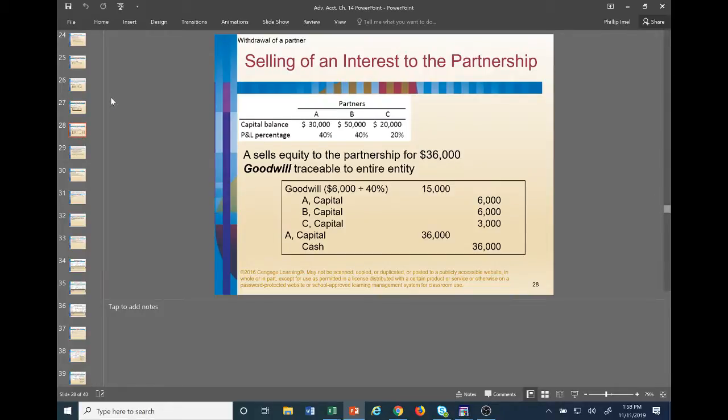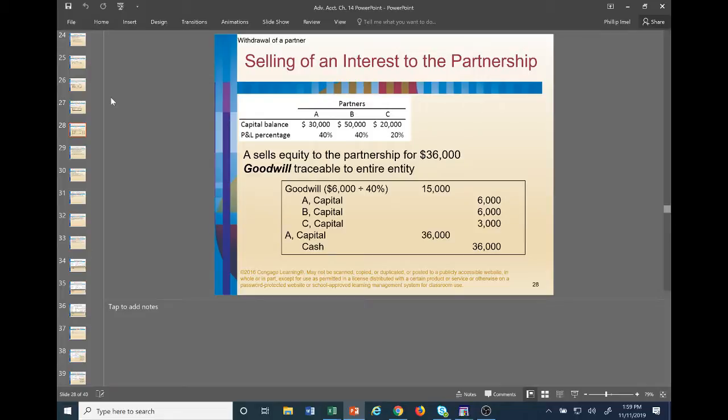If the amount of goodwill traceable to the entire entity is recognized, the goodwill would be allocated to the partners according to their profit and loss ratio, as reflected in the following entries to record A's withdrawal. So we'll debit goodwill for $15,000. We get $15,000 because $6,000 divided by 40% gives us $15,000.